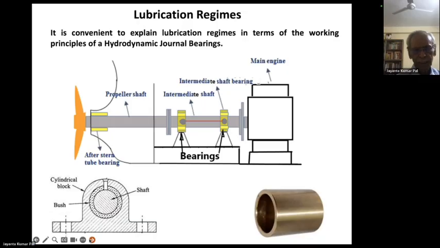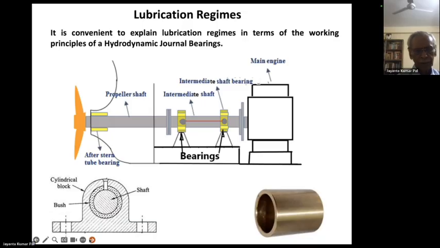is a copper or bronze or babbitt metal bush, which is pushed inside a plummer block shown on the left-hand side.